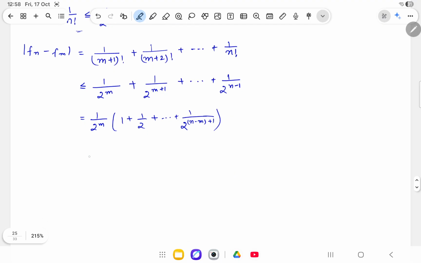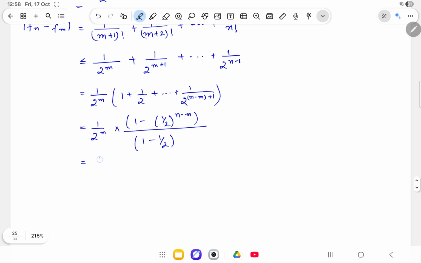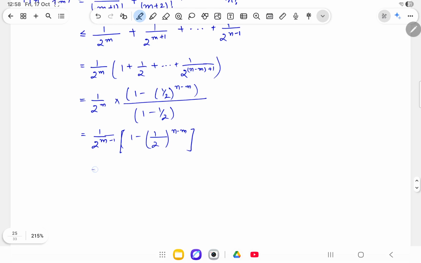I'll get 1 upon 2 raised to m times (1 minus 1 upon 2 raised to n minus m) divided by (1 minus 1 by 2), and it simplifies to 1 upon 2 raised to m minus 1 times (1 minus 1 upon 2 raised to n minus m), which will be equal to 1 upon 2 raised to m minus 1 minus 1 upon 2 raised to n minus 1.